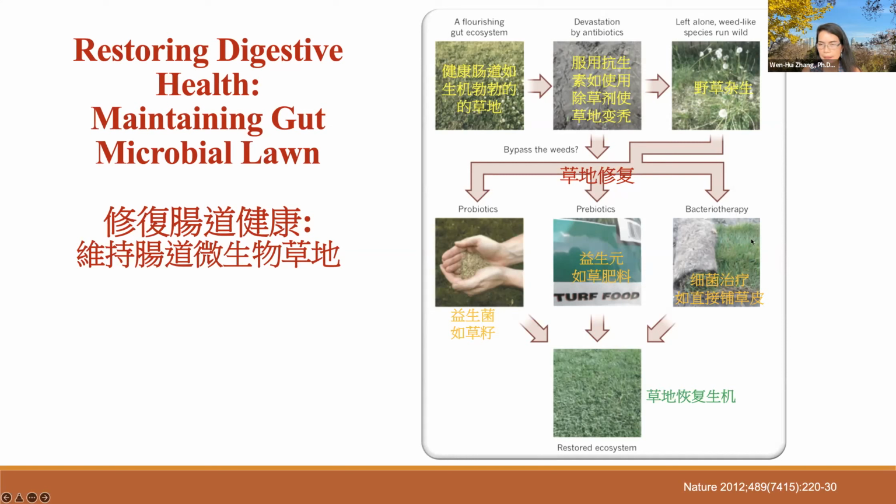This is the bacterial therapy. People with really severe digestive issues may consider the bacterial microbiota transplant. Then it would restore the ecosystem in our gut and restore digestive health.